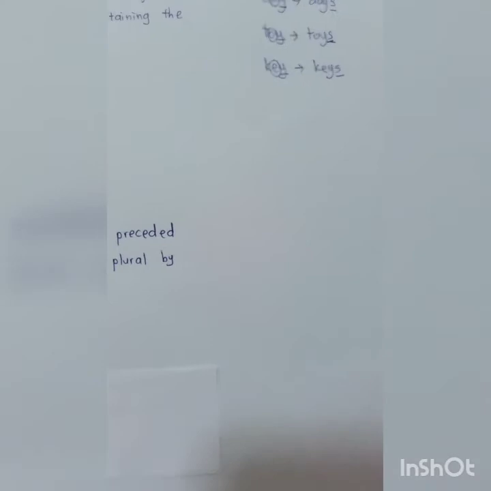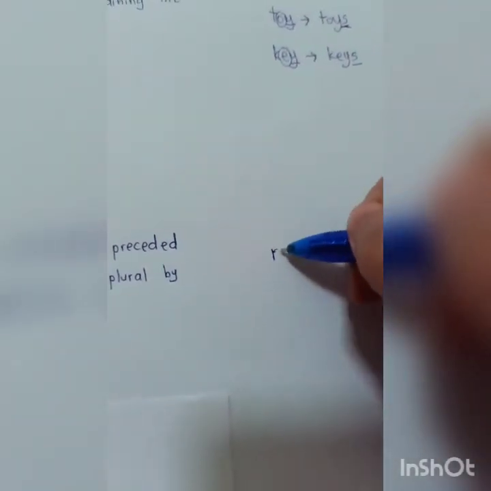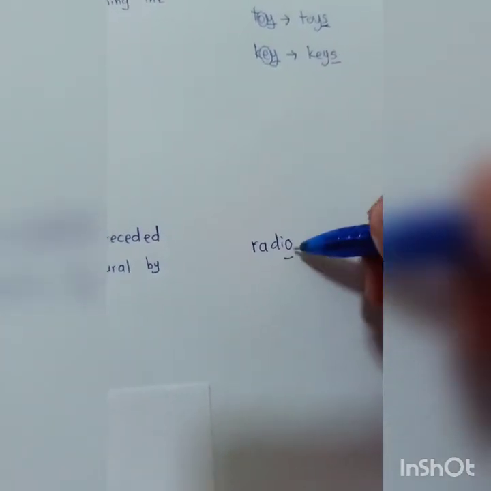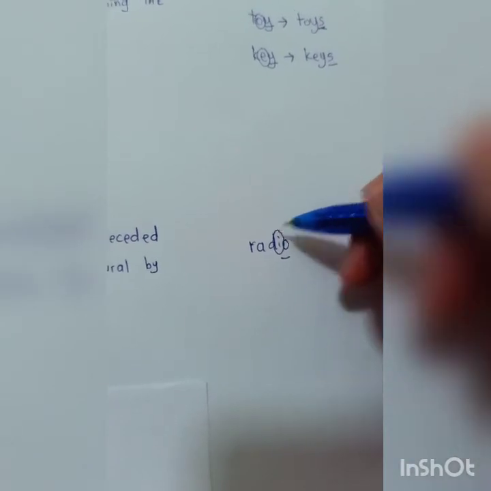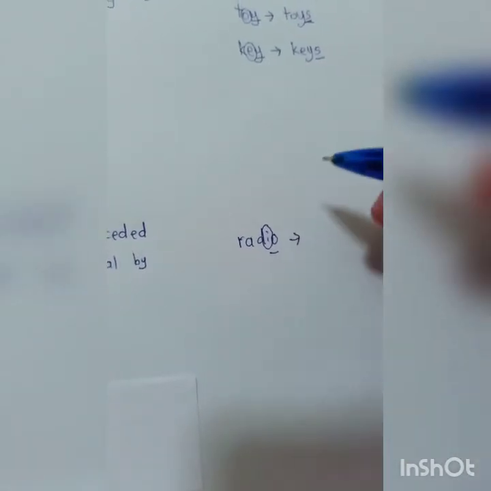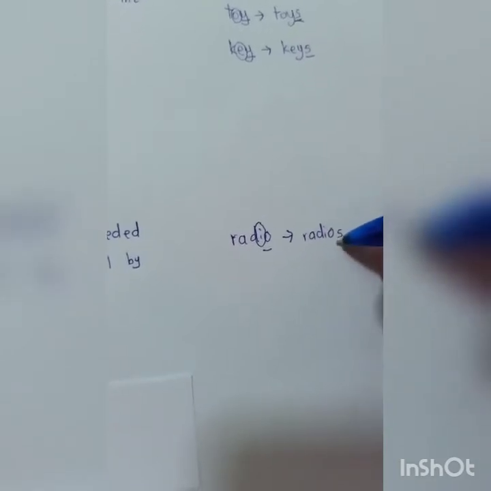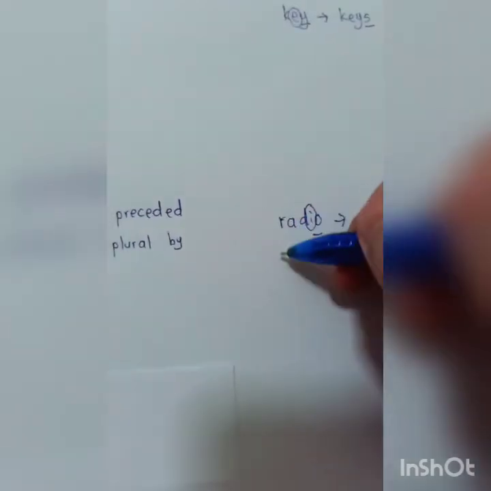A few examples. The first one, radio. It ends with O, and before O it's a vowel I. So you just have to add s at the end. And the second one, stereo.